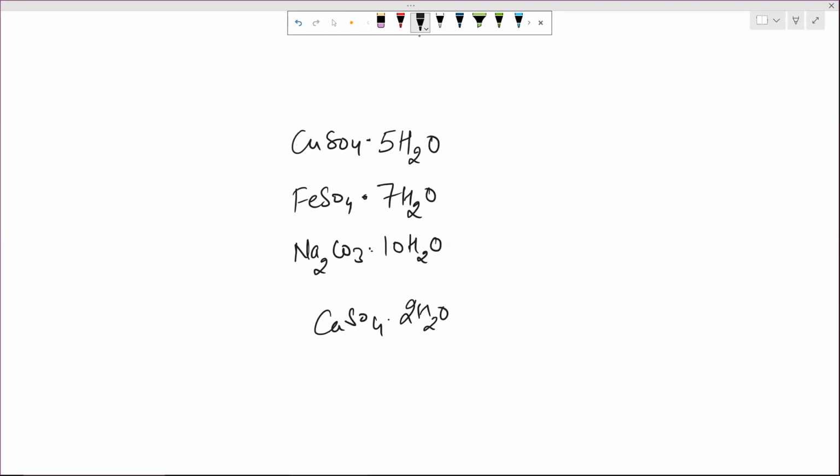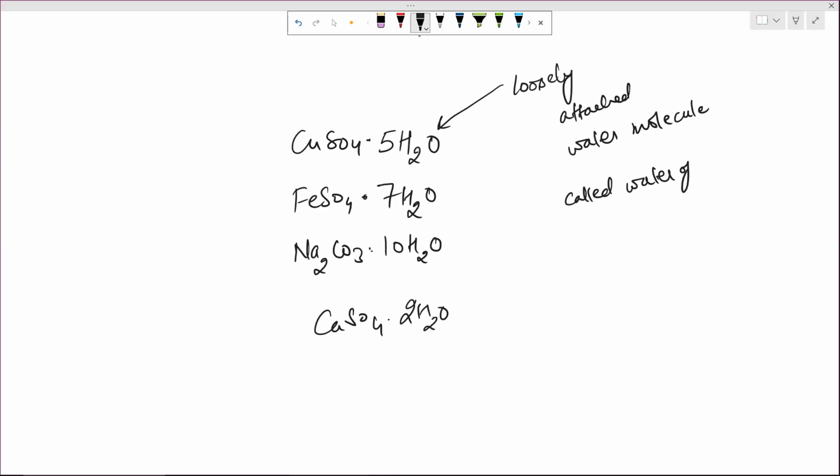This is known as loosely attached water molecules, called water of crystallization. Okay, understood? Yes or no?